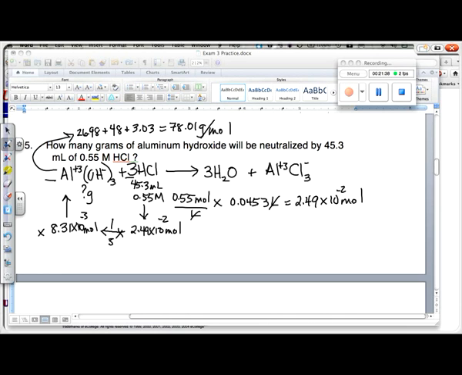So times 78.01, and that will be my answer. Okay, 78 grams per mole times the 8.31 times 10 to the minus 3 moles. The moles cancel, and my answer is 0.648 grams. That's a very small number of moles. Okay, so 0.648 was our final answer.